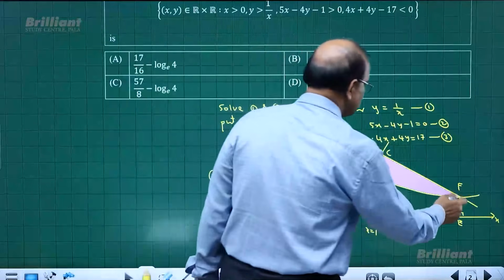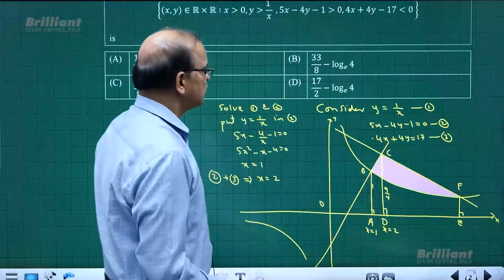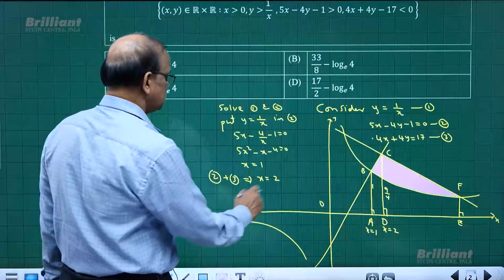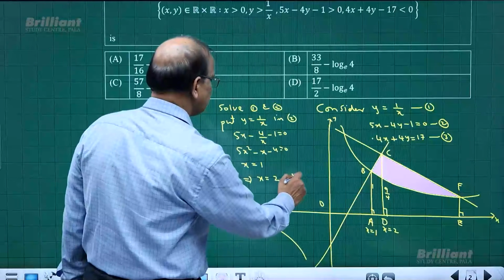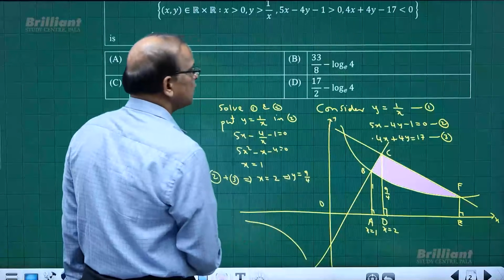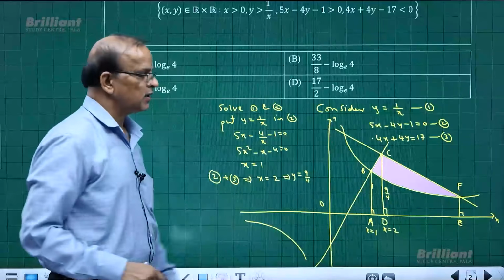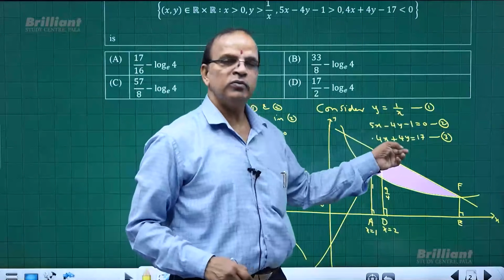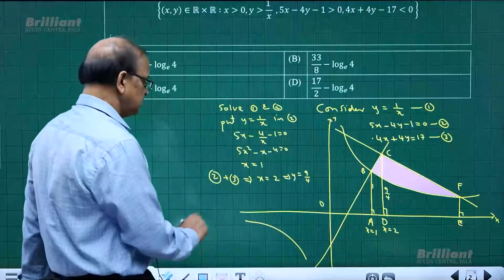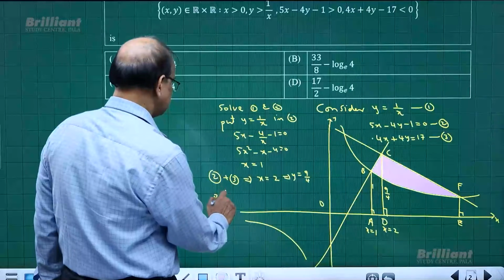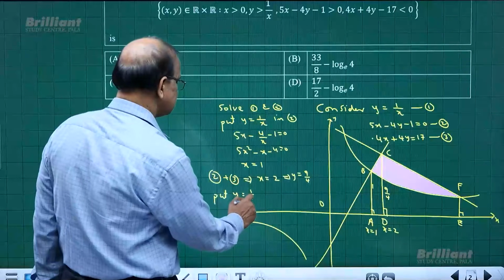Now, y equal to 1 by x and what is the third equation? You write y equal to 9 by 4. What is next? You solve 1 and 3. Put y equal to 1 by x in the third equation.